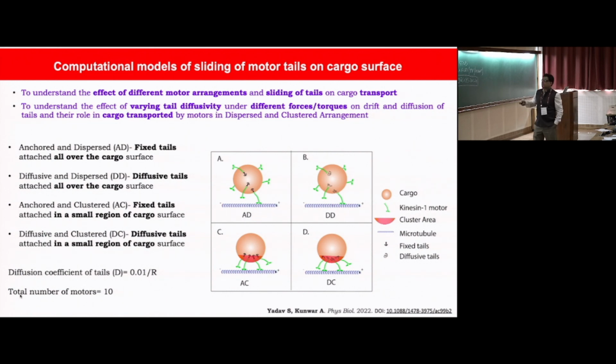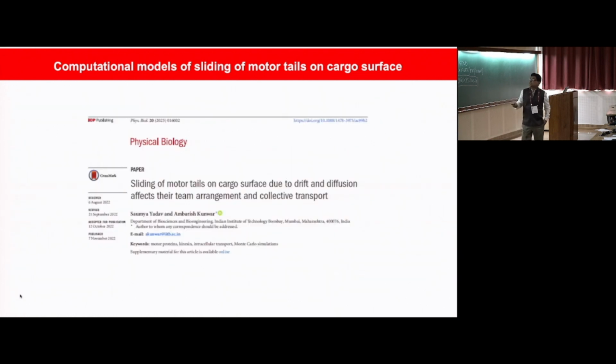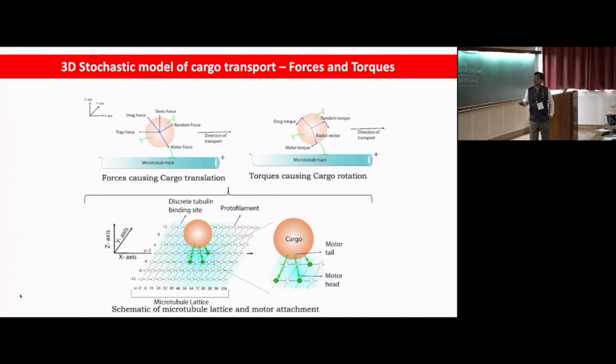The third one was anchored cluster, so motors are anchored but within a given patch on the cargo surface, and the fourth, diffusive cluster, where motors can diffuse only in a given patch. We did the simulations with a maximum of 10 motors. This is already published work, so I will not go into the details.